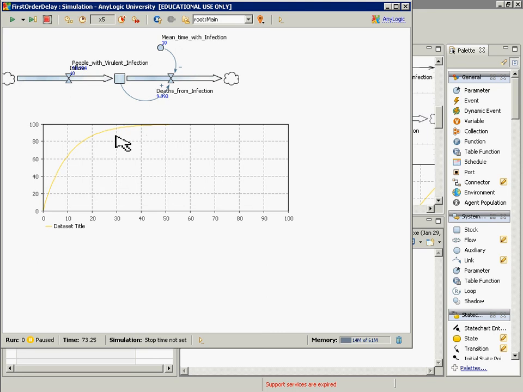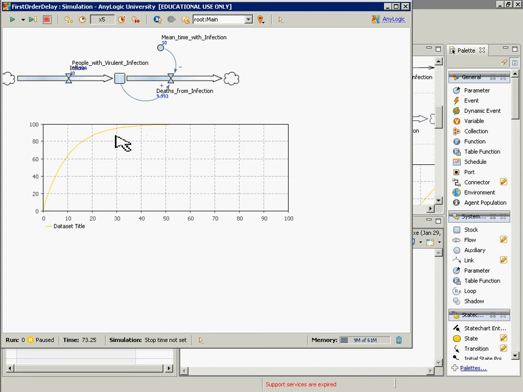And so the stock's going to be drained very quickly at first. But as it starts to approach that 100, it's going to be approaching it from above. So the outflow is still going to be above 10, and it's going to be draining it lower and lower, because the outflow is above the inflow. And as it starts to approach 100, that disparity will be less and less. And therefore, the net outflow will be smaller and smaller, and therefore the decline will be slower and slower. Does that make sense? As an intuitive thing.